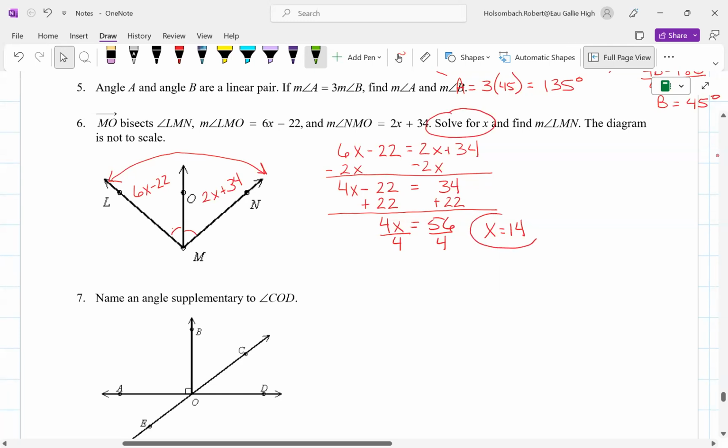Well, if x is equal to 14, then this angle right here, NMO, is equal to 2 times 14 plus 34. And 2 times 14 plus 34 is equal to 62 degrees.